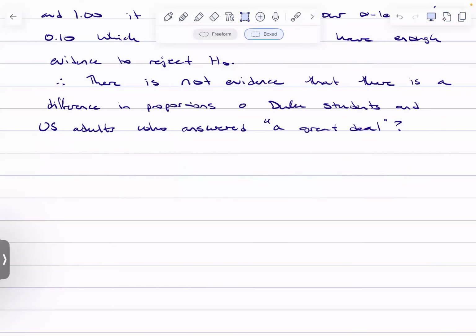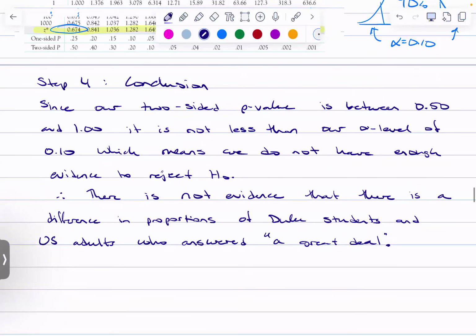That there's a difference in proportions of Duke students and US adults who answered a great deal. Period. Which matches what we found with our confidence interval. Nice. See?